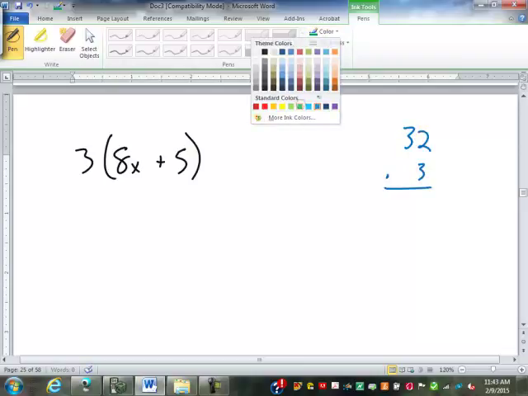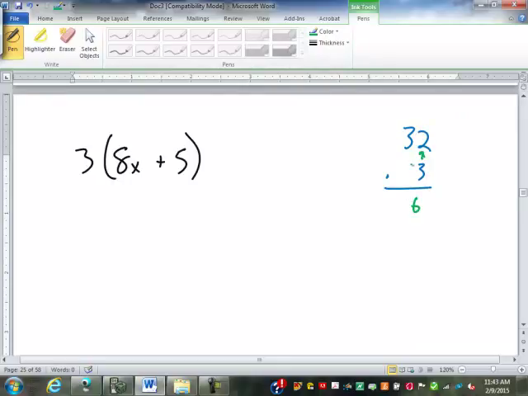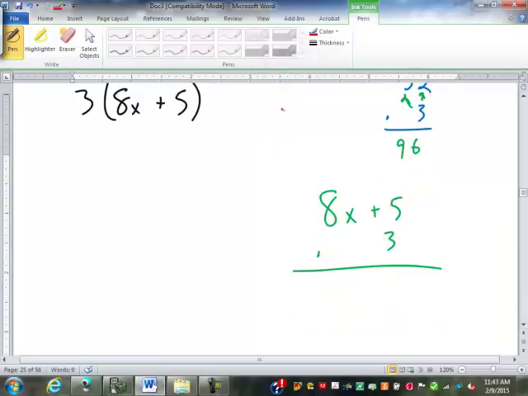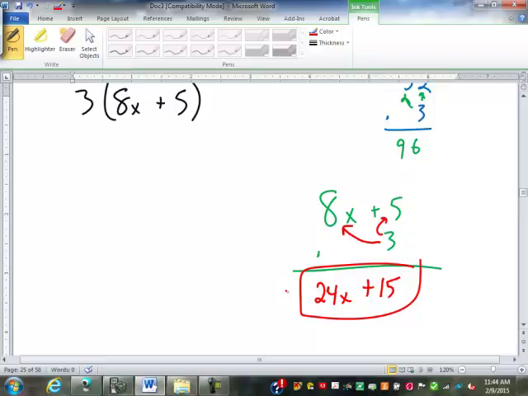You would do 3 times 2 is 6, 3 times 3 is 9. Well, the same thing is going to happen here. You have 8x plus 5 times 3. 3 times 5 is a positive 15, so we put the plus in front of it. 3 times 8x is 24x. And you get the result.